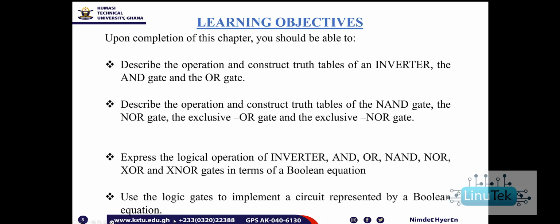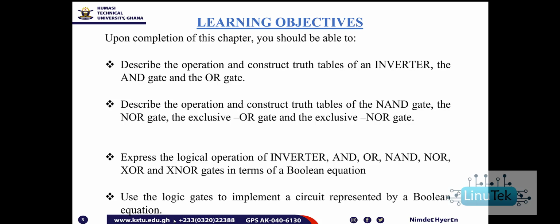Now let's look at the learning objectives or the learning outcomes of this unit. It is expected that by the time we are done with this unit, you should be able to describe the operation and construct truth tables of an inverter.